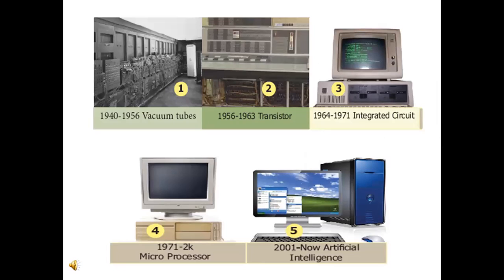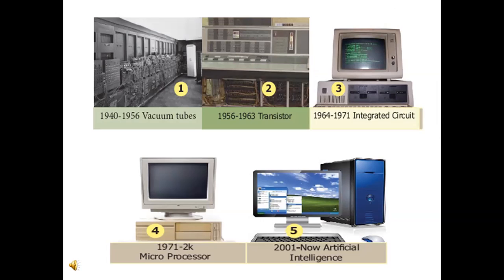The computer that we use today belongs to the fifth generation. In first generation computers, they used vacuum tubes, from 1940 to 1956. In second generation computers, they used transistors, from 1956 to 1963.